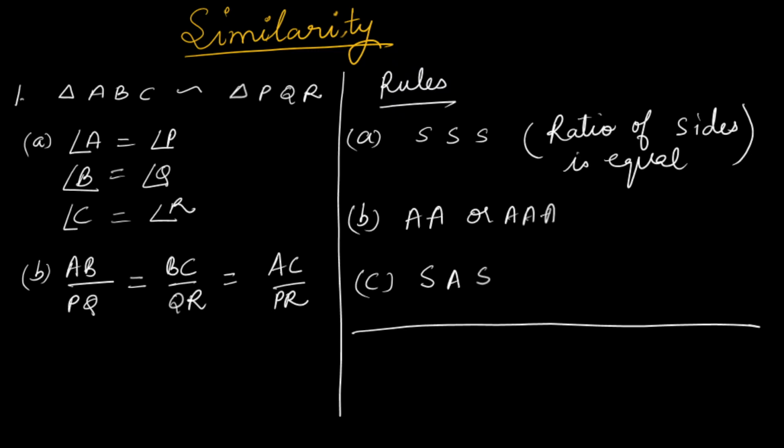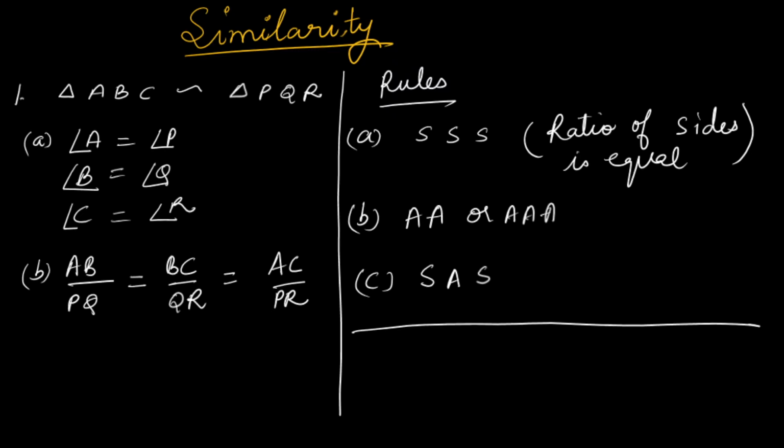So similarity, I hope you remember the same things. I'll do a small recap. I've already written here. When two triangles are similar, their corresponding angles are equal. Suppose triangle ABC is similar to triangle PQR.